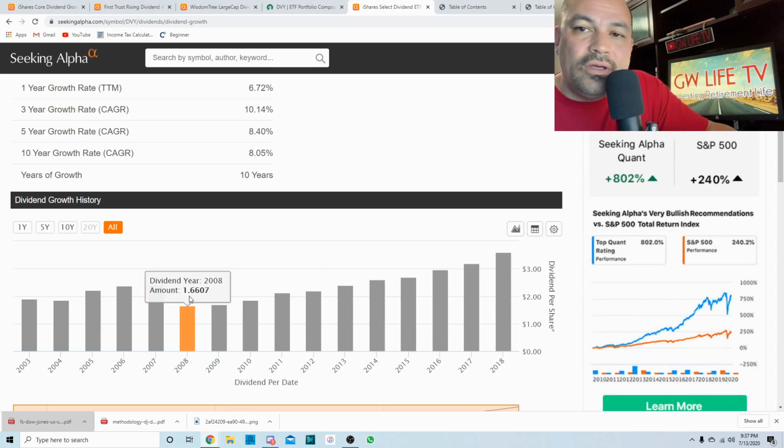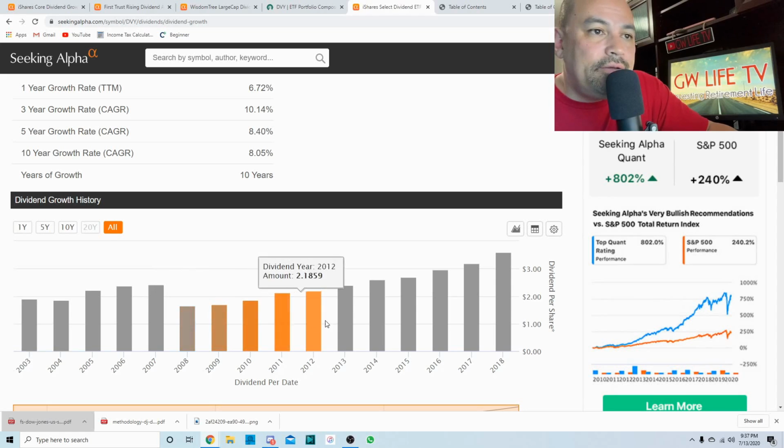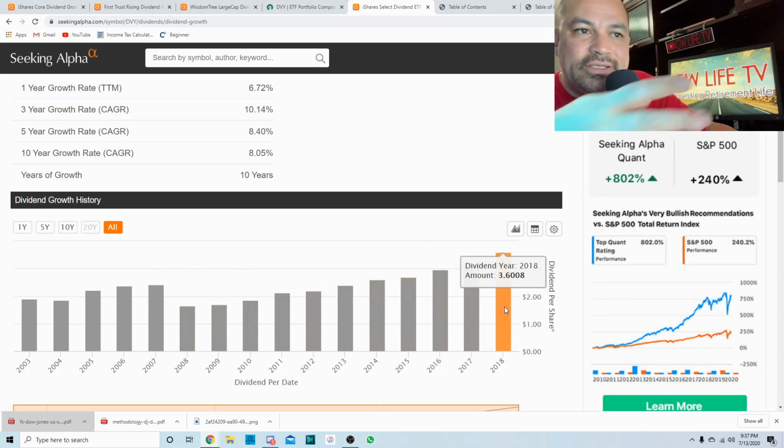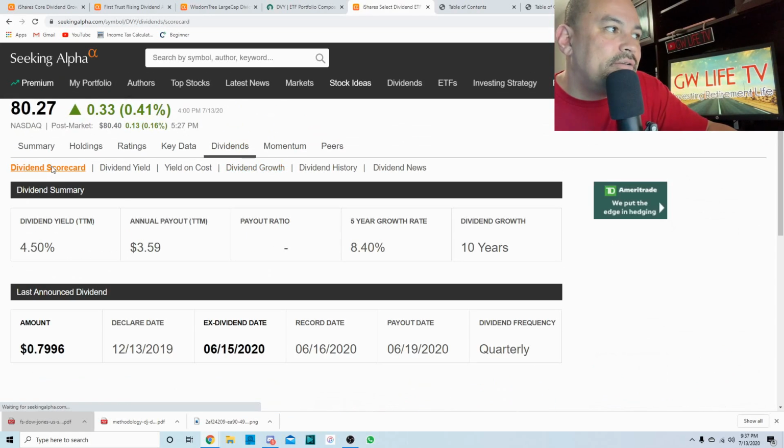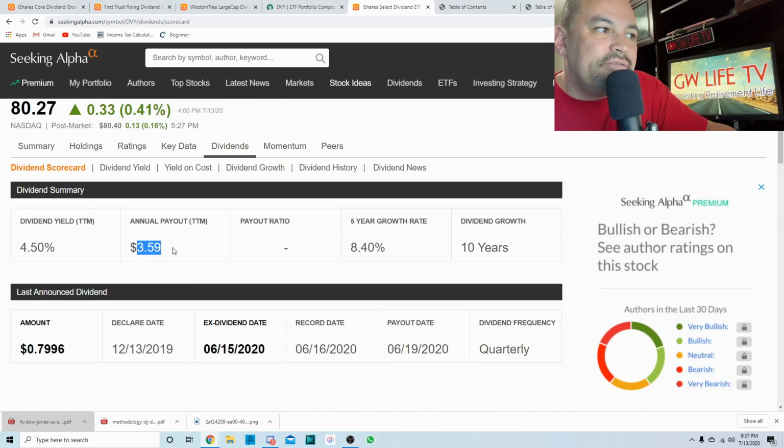Now let's make it even simpler. Let's say you just bought that one share at $55. That got you $1.66. If you just let that share sit there until today, what is today? $3.59.